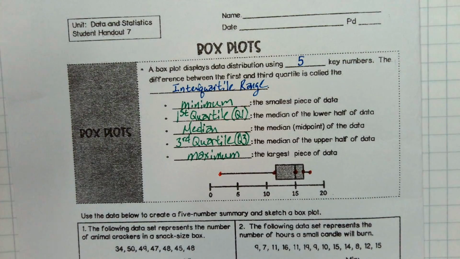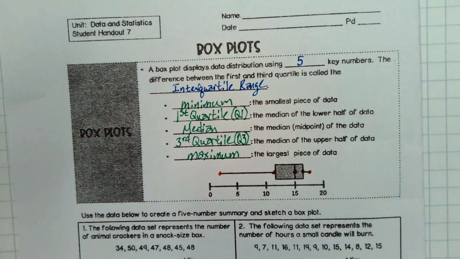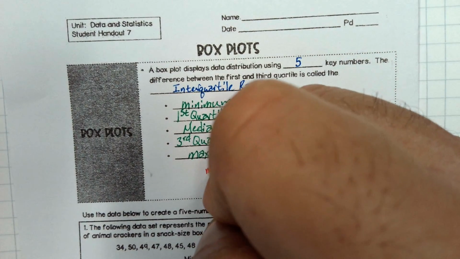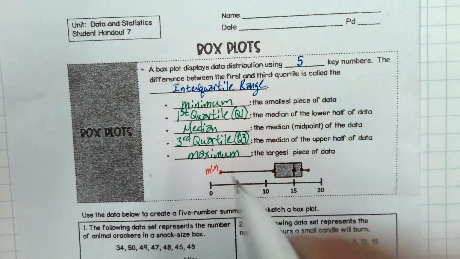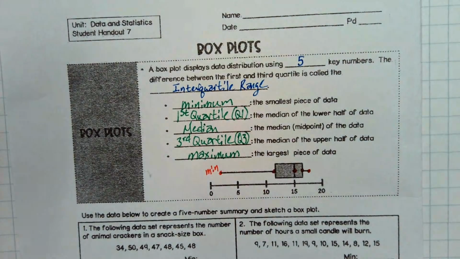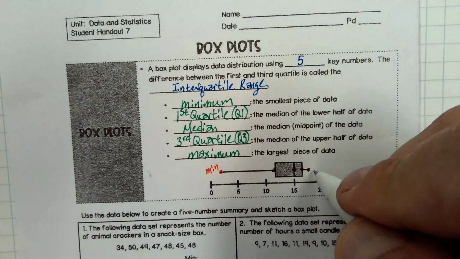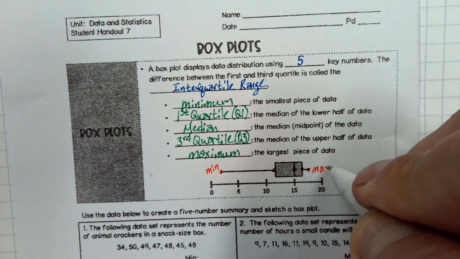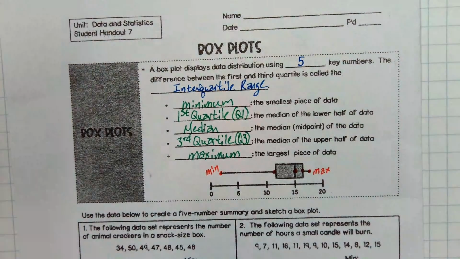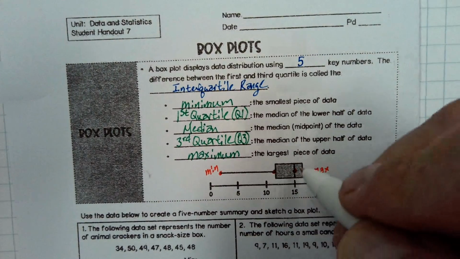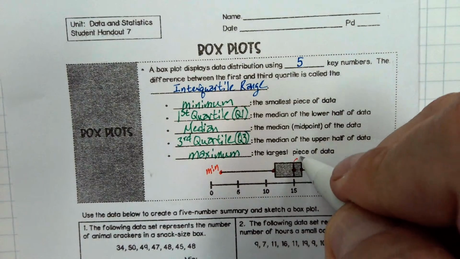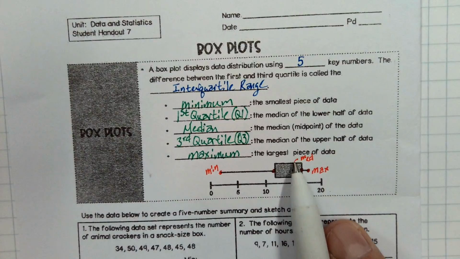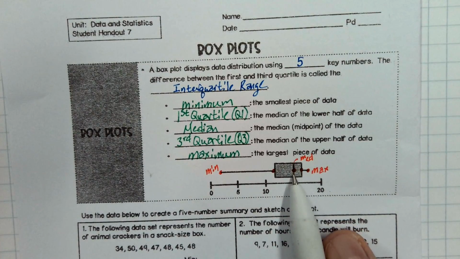Now, this is where we find those 5 parts. We have the minimum right here. That's the minimum. We have the maximum over here. We have the median right here. That's the median, where that little vertical line is.